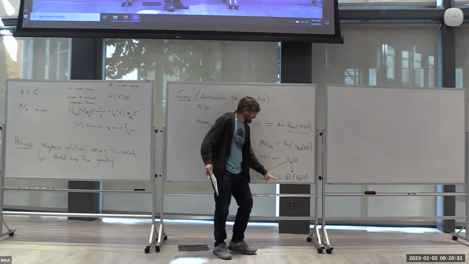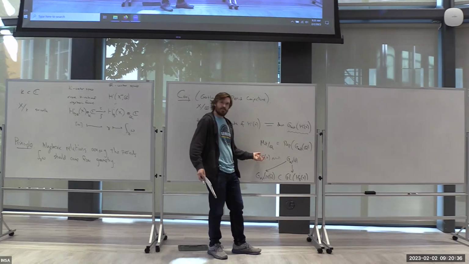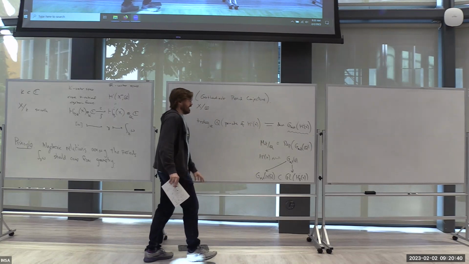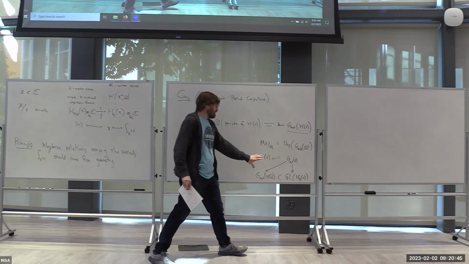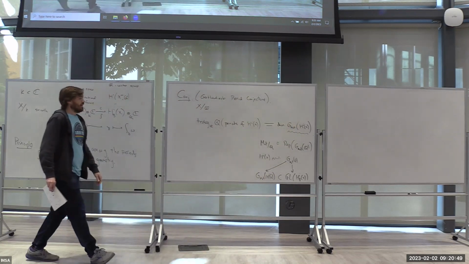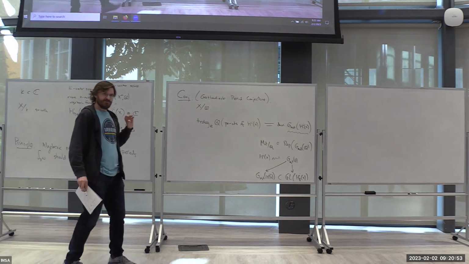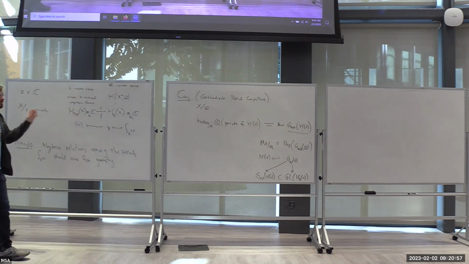So the smaller the image of the representation, the more self maps you have between tensor powers. That means there are more cycles inducing those maps, and those give you relations among the periods. So if this is smaller, then the periods are more algebraically dependent. Make sense? Cool. Okay, great.